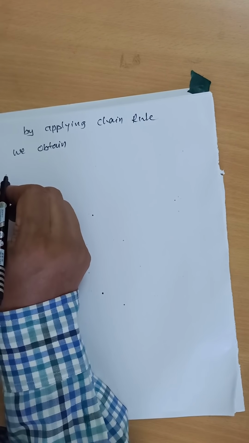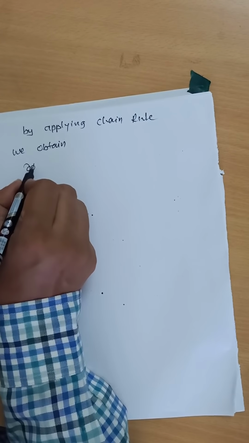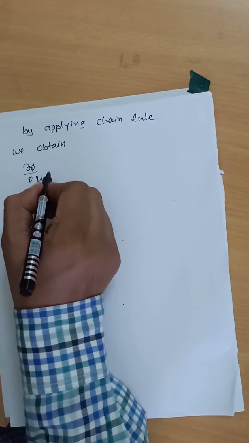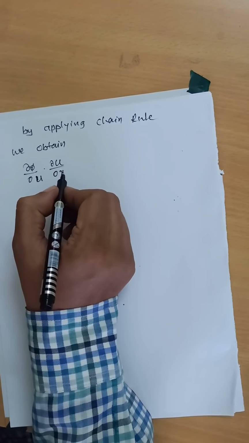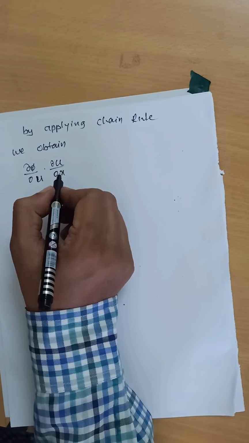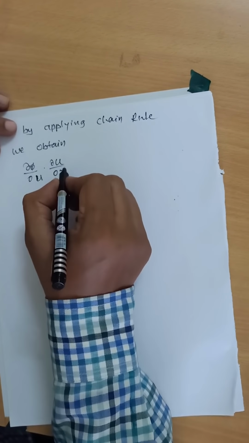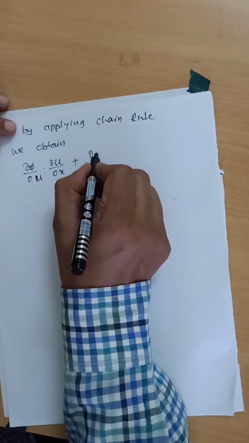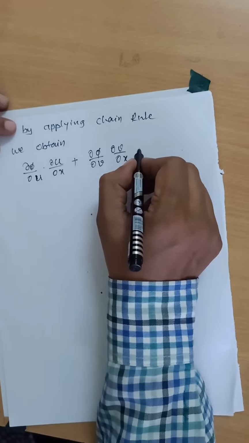the partial derivative of φ of u comma v with respect to x means ∂φ/∂u into ∂u/∂x. Is it right? Chain rule. By using the chain rule, the partial derivative of φ of u comma v equal to 0 with respect to x is ∂φ/∂u into ∂u/∂x, and with respect to v, that is ∂φ/∂v into ∂v/∂x, equal to 0.